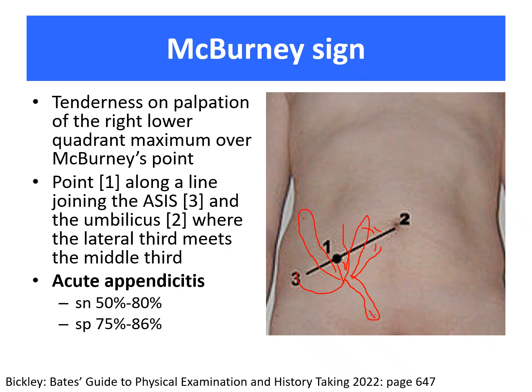is variable. The only thing that is not variable is the base of the appendix. And if the tenderness is maximum over the base of the appendix, it is more likely to be appendicitis. The sensitivity is between 50 to 80%.